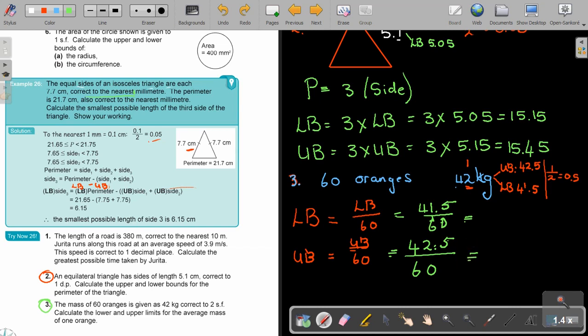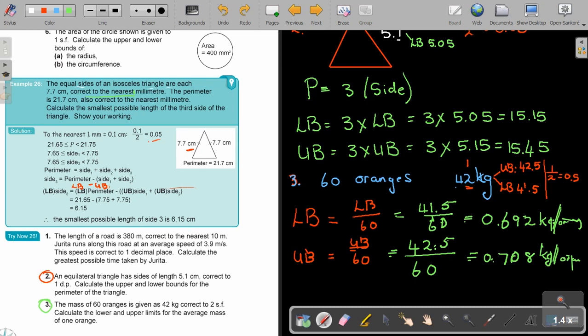The lower bound is 0.692 kilograms per orange, and the upper bound is 0.708 kilograms per orange. I just want to highlight again that oranges are not getting an upper and lower bound.